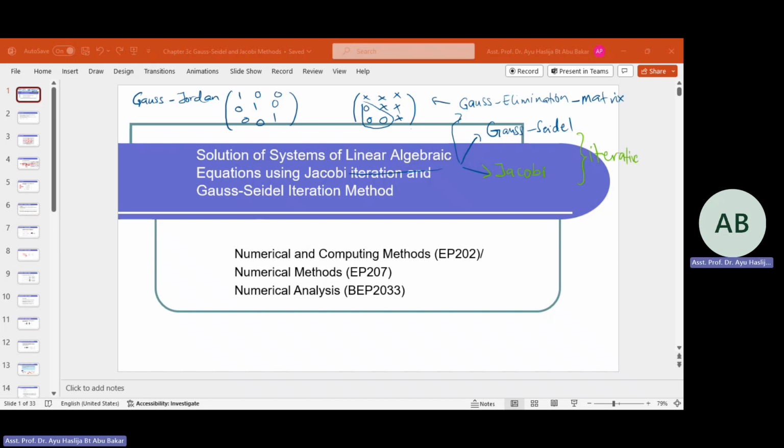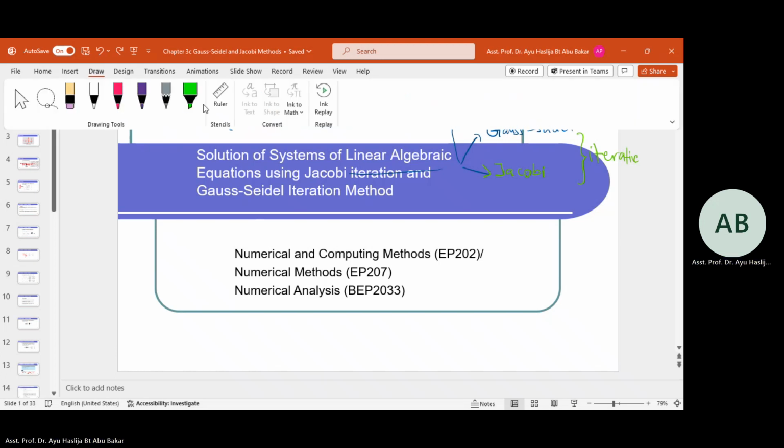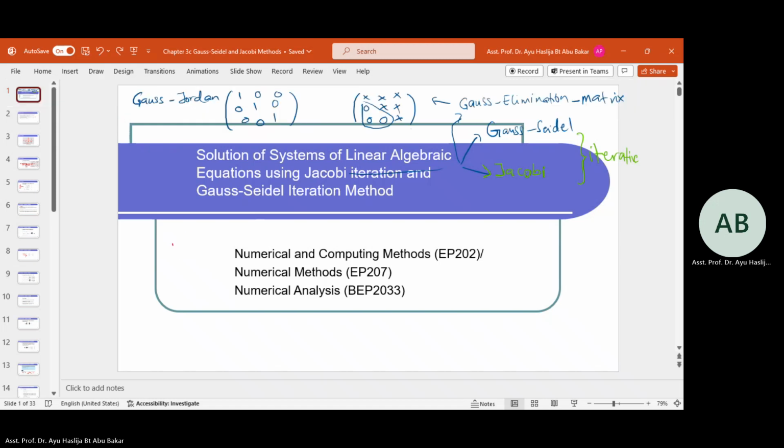Okay, so today I proceed to Jacobi and Gauss Seidel, which are iteration methods.